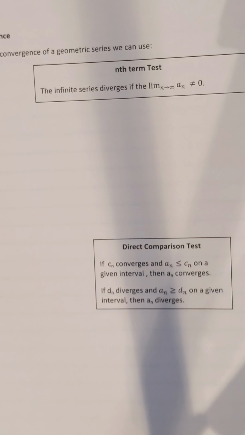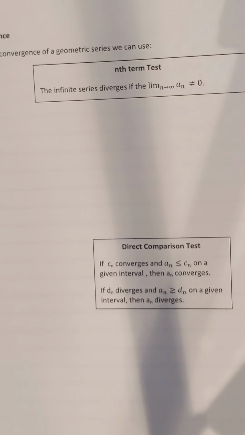If I can't recognize something as geometric, or if I don't feel like it could be a ratio test, I certainly want to do this nth term test. The nth term test is only good to show something is divergent, but if I can do it real quick and determine something's divergent, then I don't have to try to find an interval of convergence. It saves a lot of time, and it's a pretty quick, easy test.